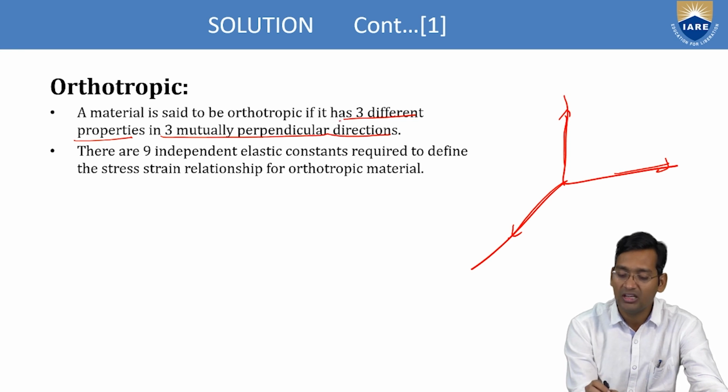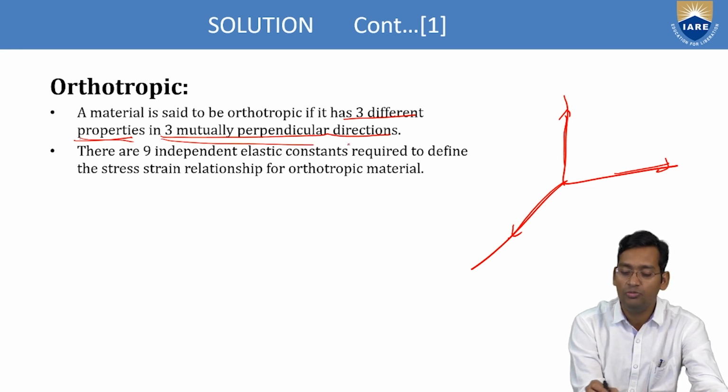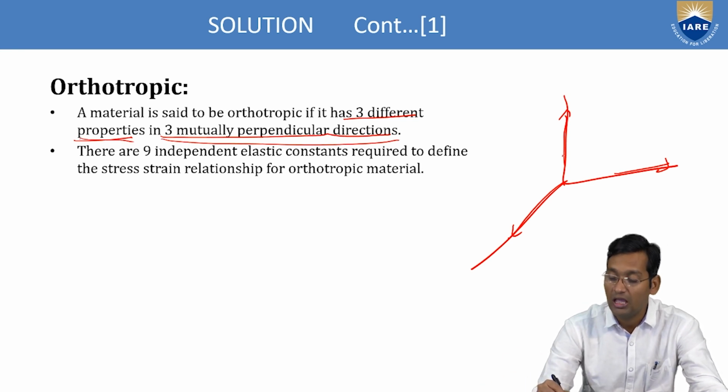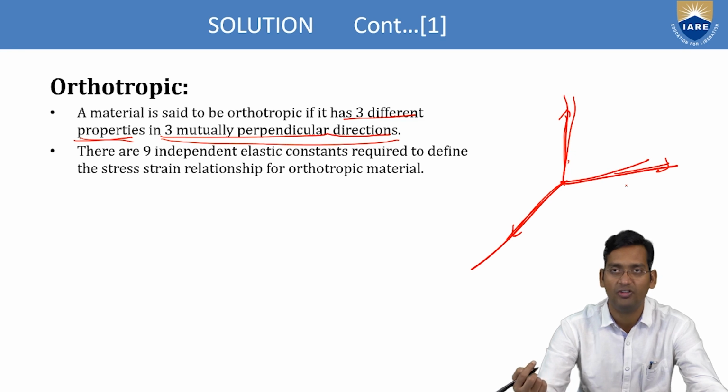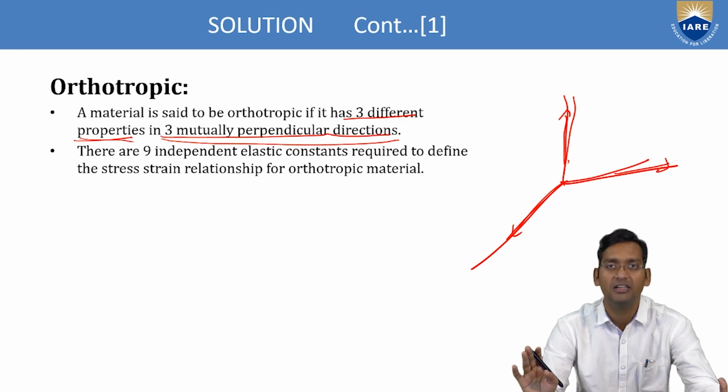So in orthotropic, it has three different properties in three mutually perpendicular directions: along the x-axis different, along the y-axis different, and along the z-axis also different.